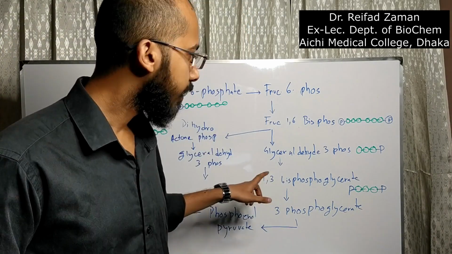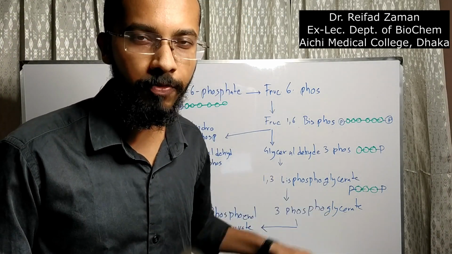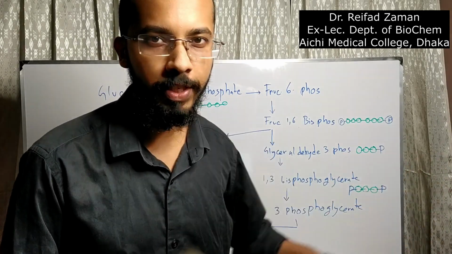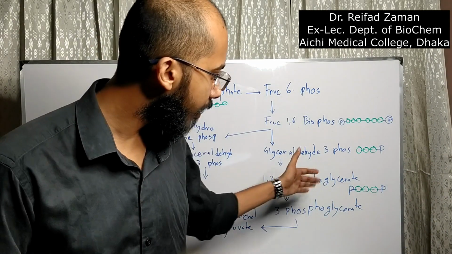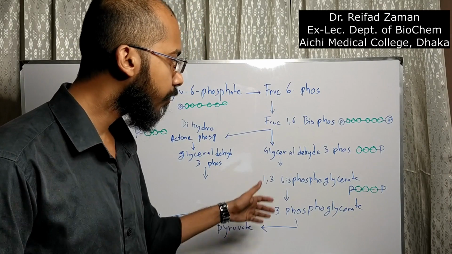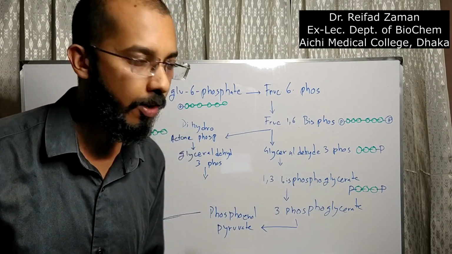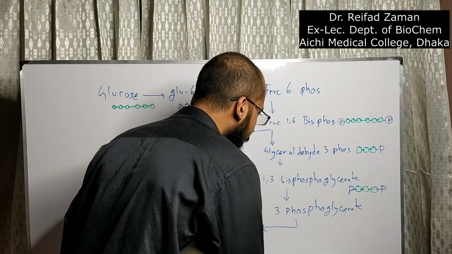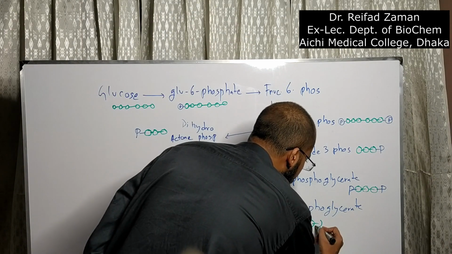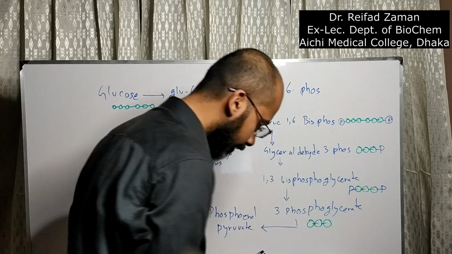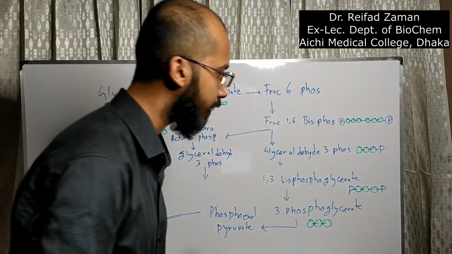Anyways, moving on. The 1,3-bisphosphoglycerate eventually loses one of these phosphate groups, and it becomes 3-phosphoglycerate. So now we are again back to the 3-carbon compound attached to 1 phosphate group.